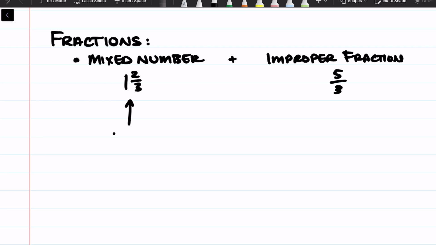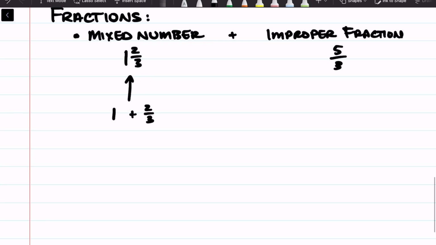We have the number 1, which is the whole number, and we have the number 2 over 3. Now, how would this match the improper fraction? Well, if you take a look at this number on the left here, when you have 1 plus 2 over 3, you could actually turn that number 1, I'm going to use orange here to show it, this one right here, into a fraction.